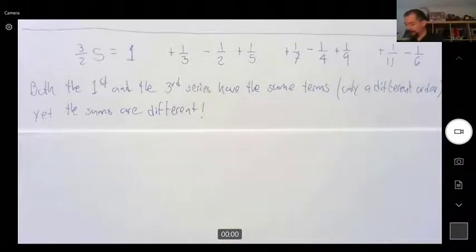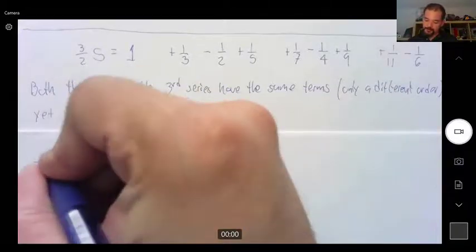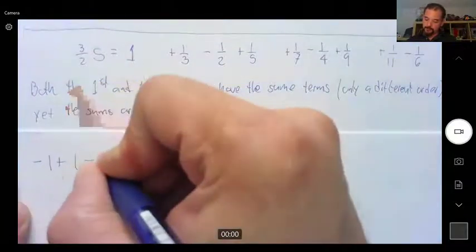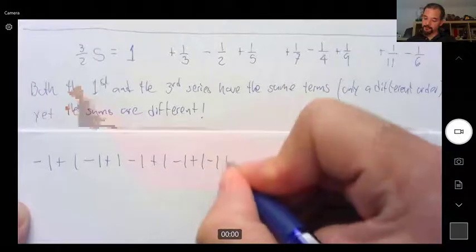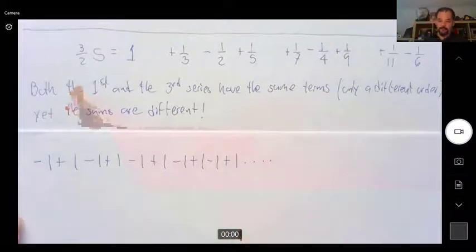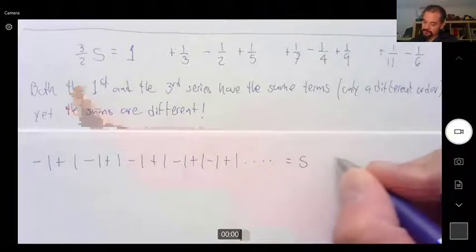Here's another example, probably an easier one. Maybe you've seen this one. What is this one? -1 plus 1, -1 plus 1, -1 plus 1, -1 plus 1, -1 plus 1. What is the answer to this one? If this is S, what is S?